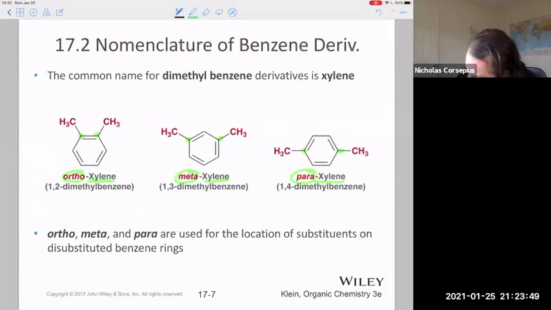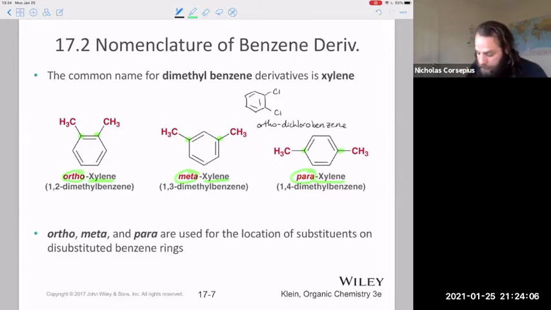So for example, if we had something like this, this would be ortho-dichlorobenzene. There is an acceptable convention where you could do it as 1,2-dichlorobenzene. They're actually both accepted.